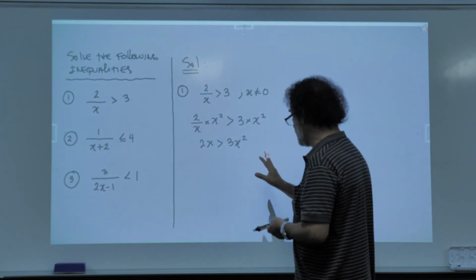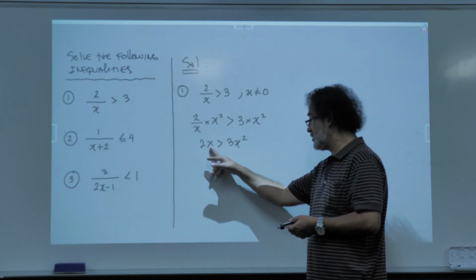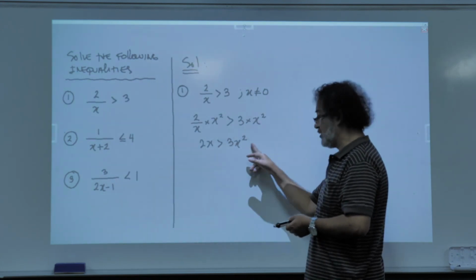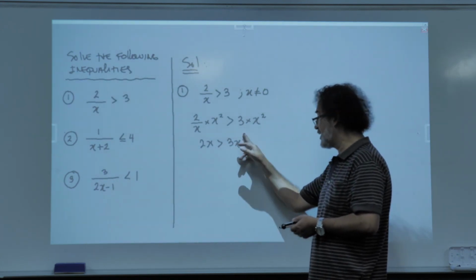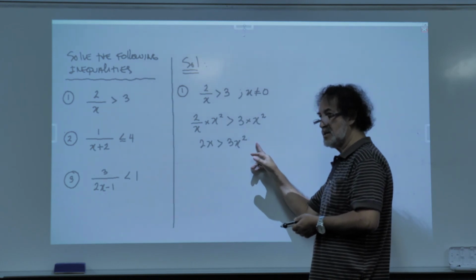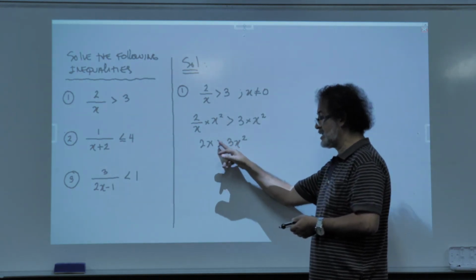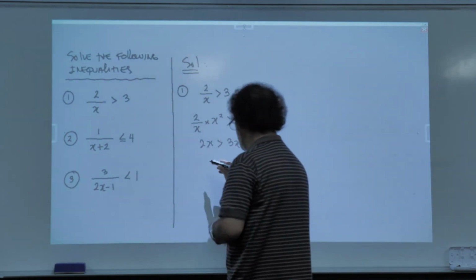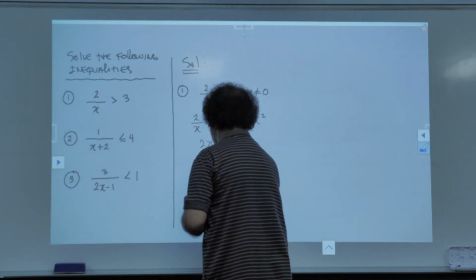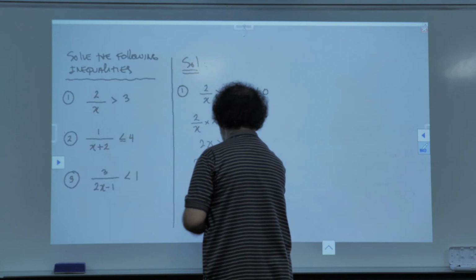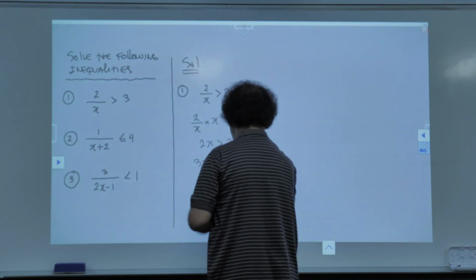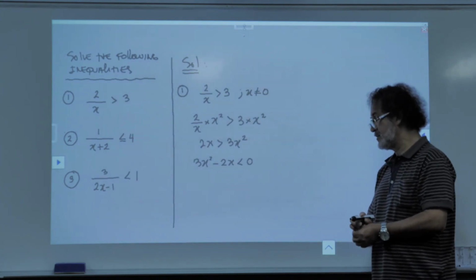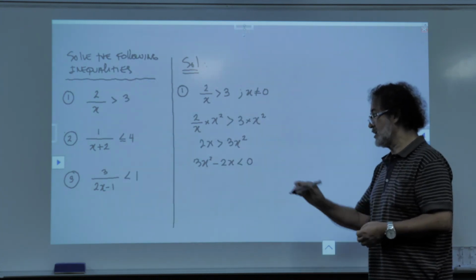I'm going to do it in my head, so I hope you can follow me. I'm going to put this 2x over here, so we have 3x squared minus 2x is less than 0, flipping it around. Do you understand this?